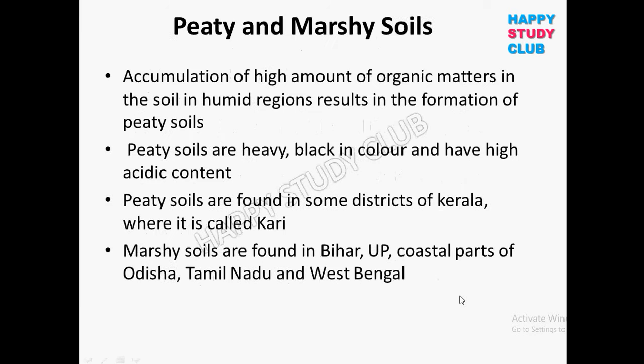Now next and last one is the peaty and marshy soils. First of all, peaty is a kind of soil which is formed from peat. Peat is a partially decomposed plant matter which is waterlogged. Partially decomposed plant means partially dead plant, where the decomposition process is very slow.